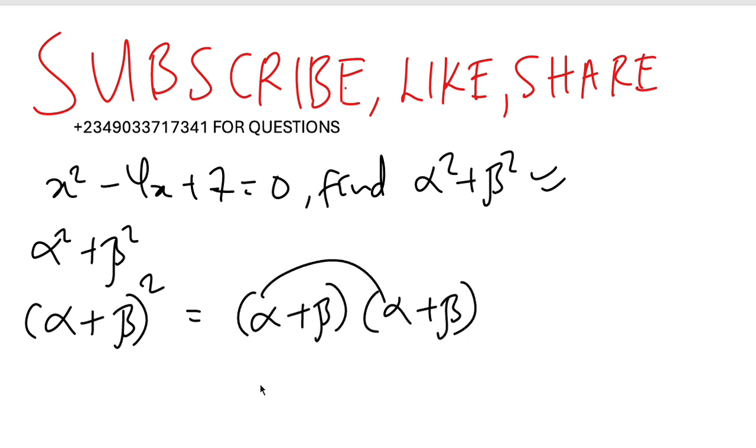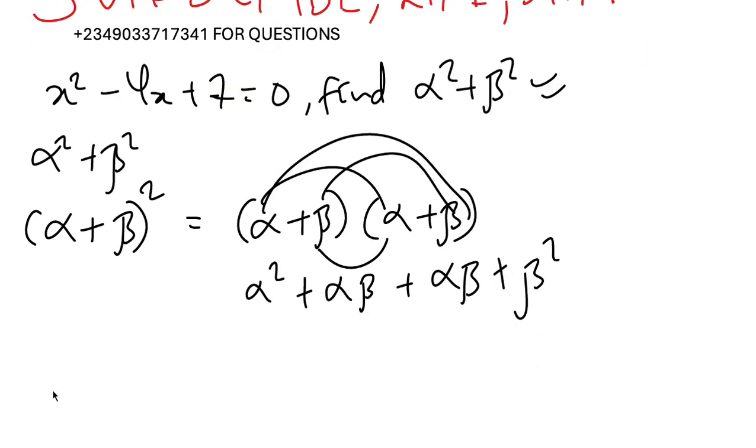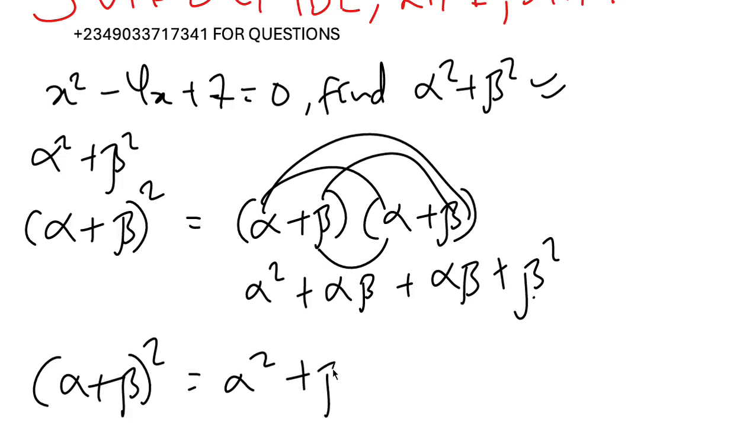So alpha times alpha is alpha squared, plus beta times alpha is alpha beta, plus alpha times beta is alpha beta again, and then beta times beta is beta squared. So you can notice now that alpha plus beta all squared is equal to alpha squared plus beta squared plus 2 alpha beta.